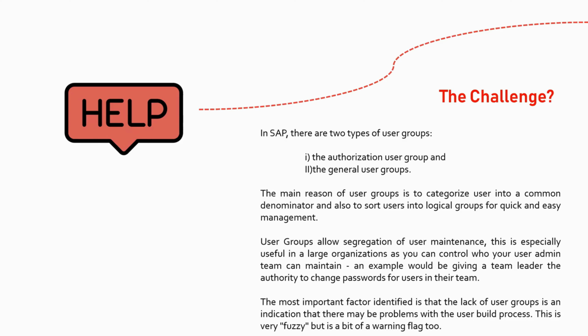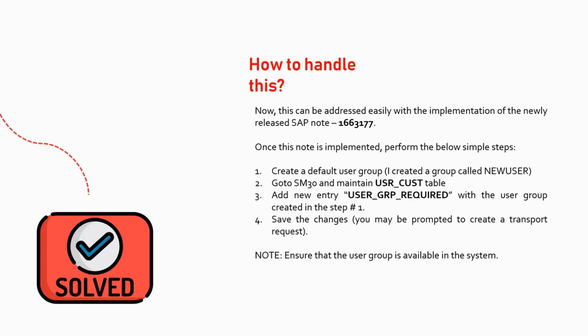What you basically need to do is, in case you are on an older version of SAP, you have to implement an SAP note, which is 1663177. Once this note is implemented, you can go to SM30 and maintain a table called USR_CUST.